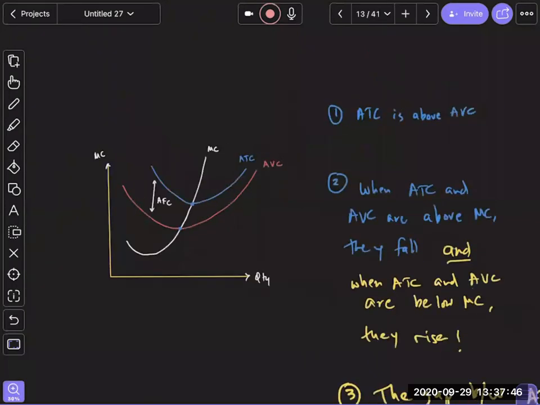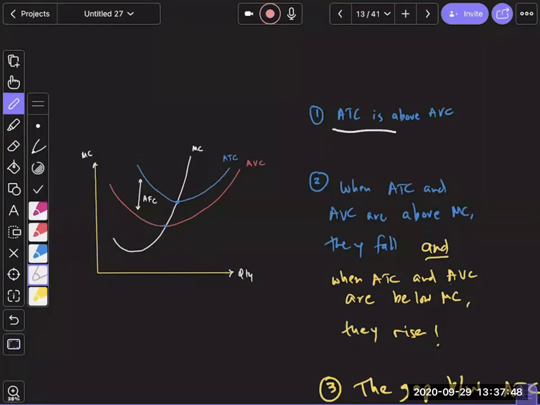Okay. Why is ATC above AVC? Because ATC includes AFC. Do you guys agree with me? Make sense? Are we good?